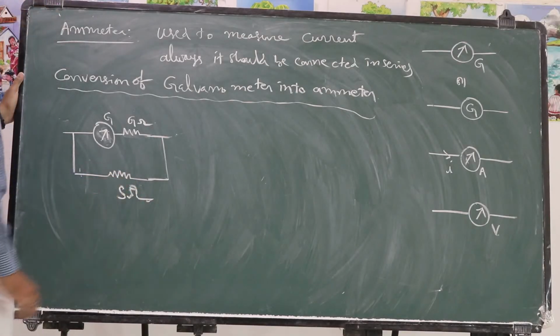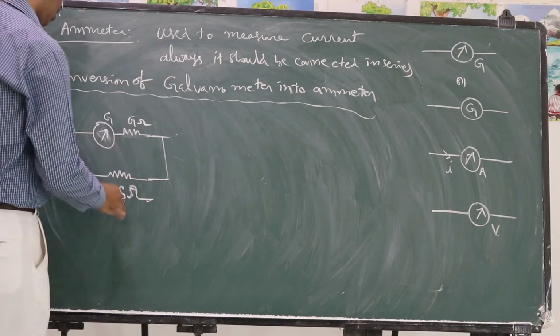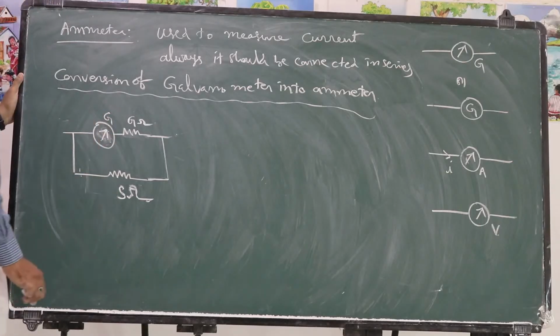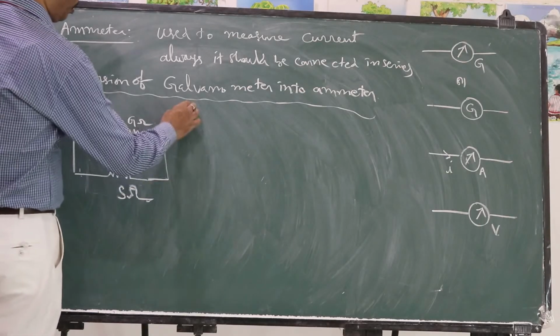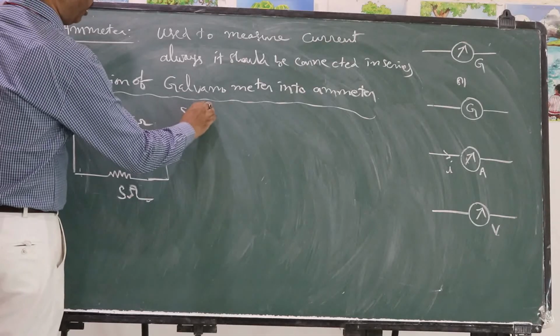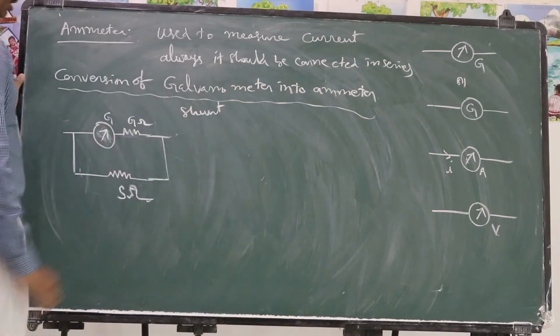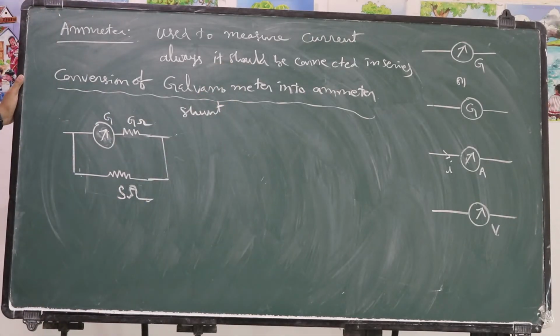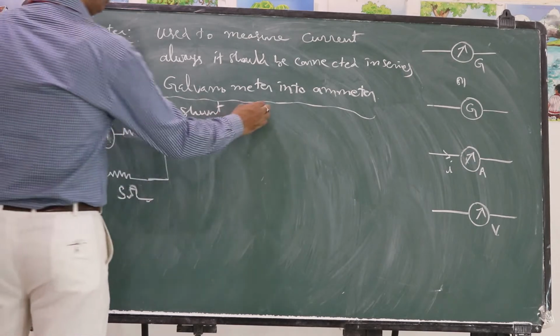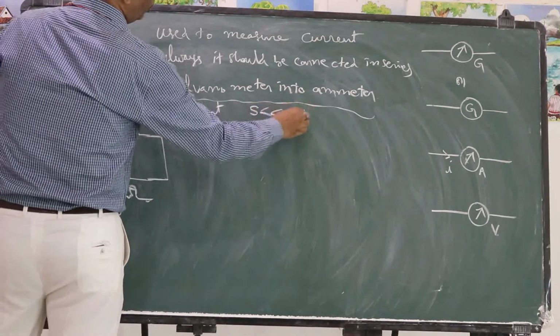Connecting a small resistance in parallel to the galvanometer is called shunt. Hence, the resistance used is called shunt resistance. S value is very small when compared to G.